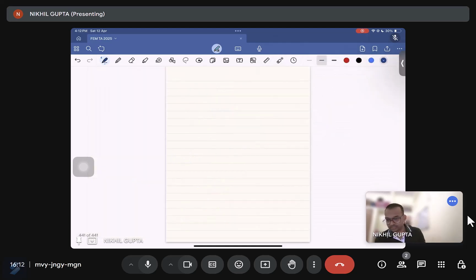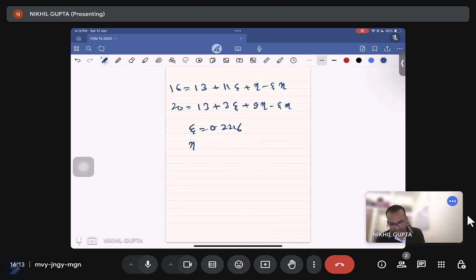Okay, and we'll substitute the value in functions of xi and eta, which will give 16 plus 30 equals to 13 plus 11 xi plus eta minus xi eta, and the other equation will be plus 9 eta minus xi eta. So when we solve both the equations, we'll get xi as 0.2216, eta as 0.7216.